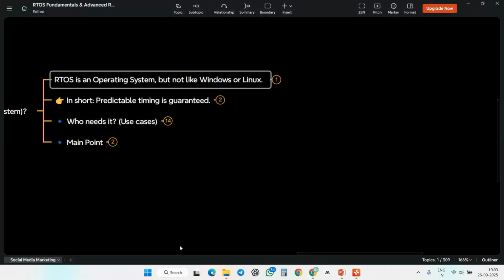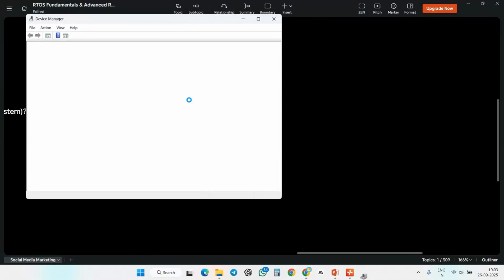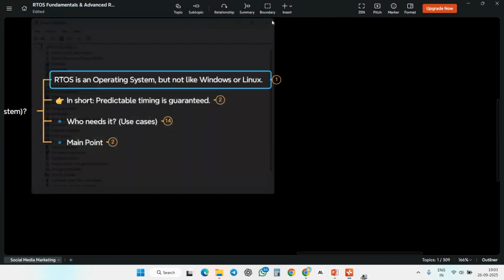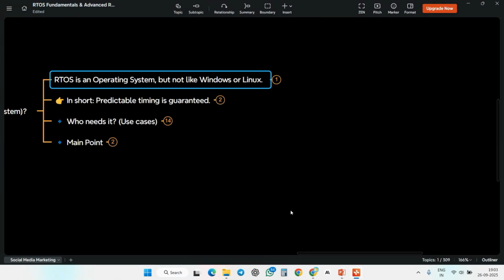The same for the Device Manager, which shows what external devices are connected, and file management helps to store all the data. These are all the functions done by a normal operating system.